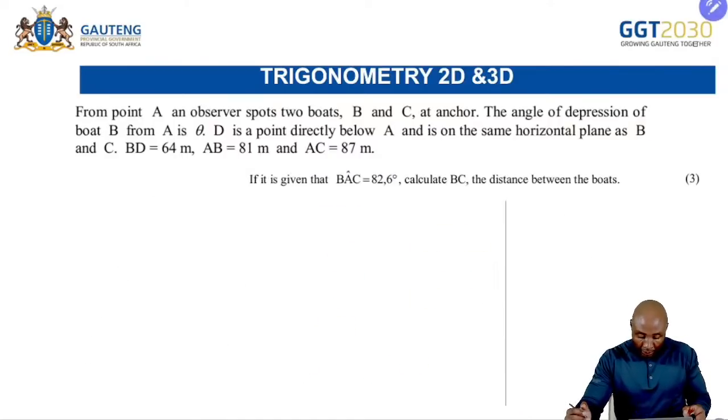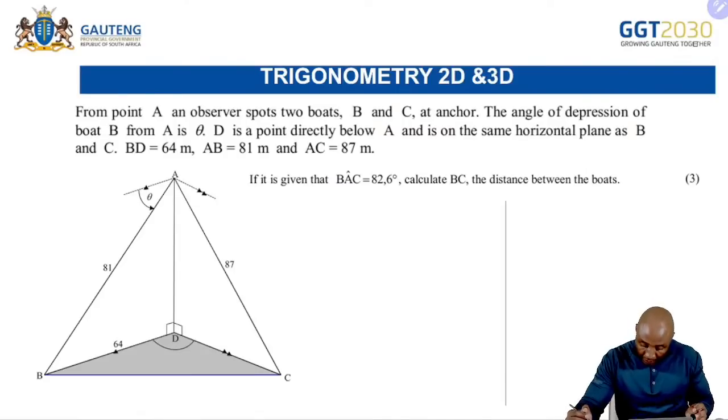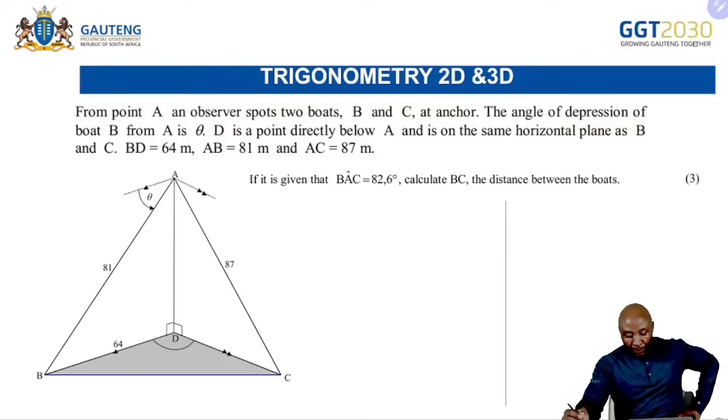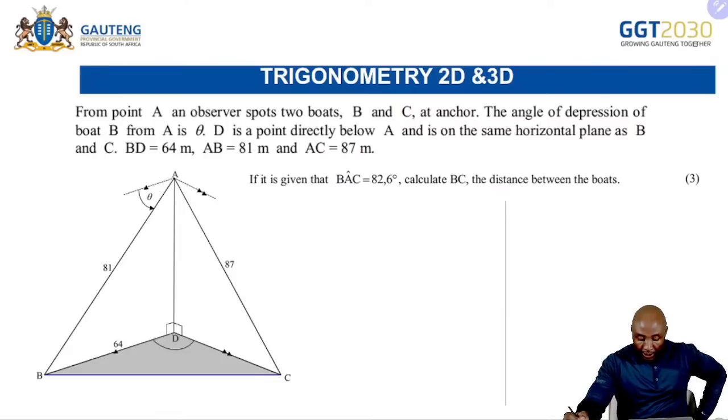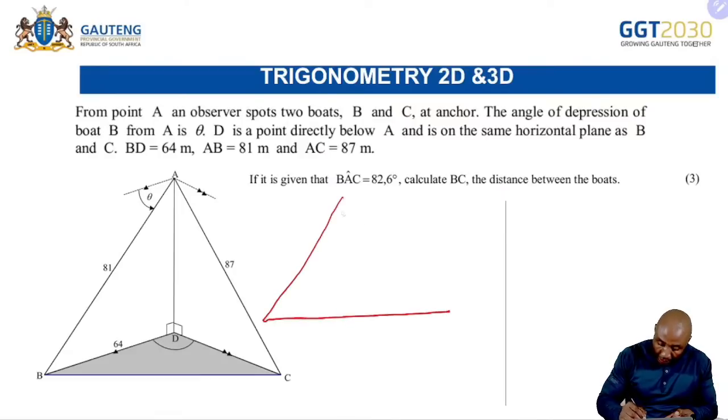We move on now to the next question. It says, if it is given that BAC is equal to 82,6 degrees, calculate BC, the distance between the two boats. Now, when you are looking at that diagram, it looks complicated, but redraw the triangle BAC and add information to it.